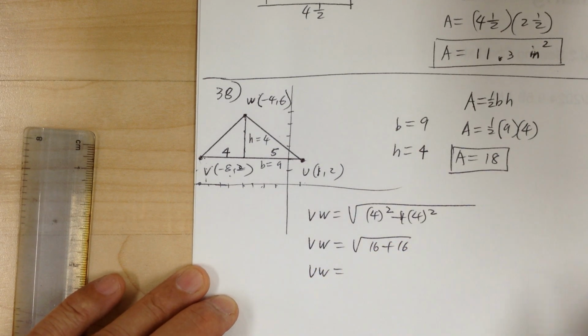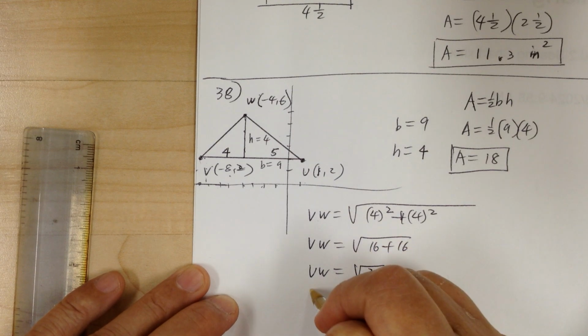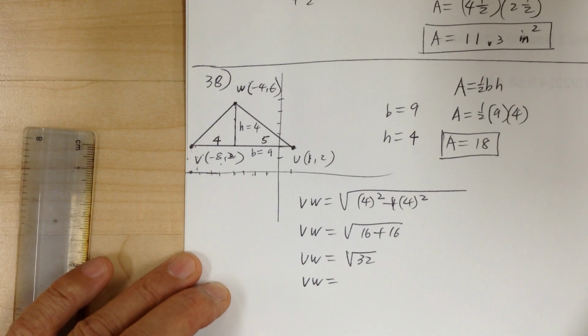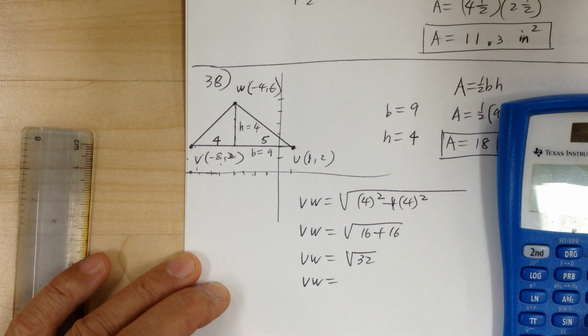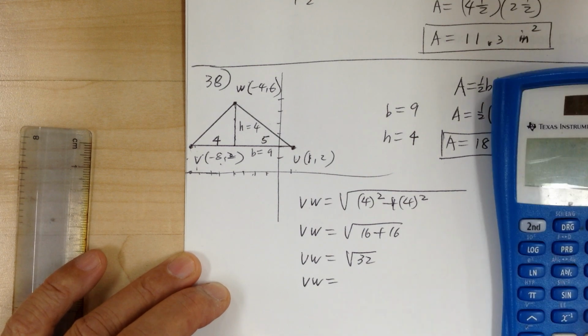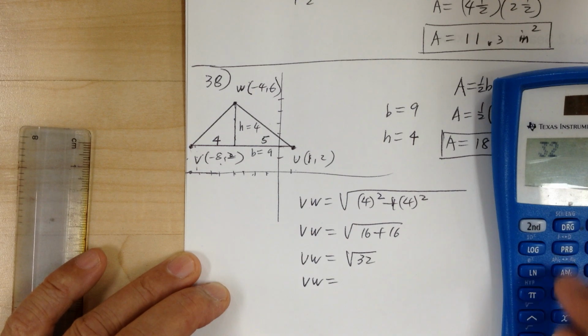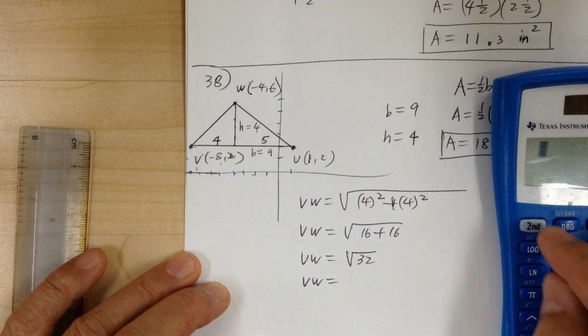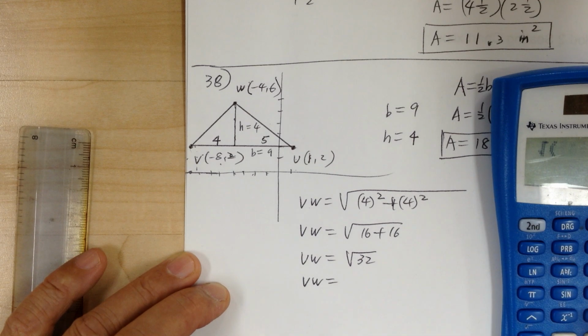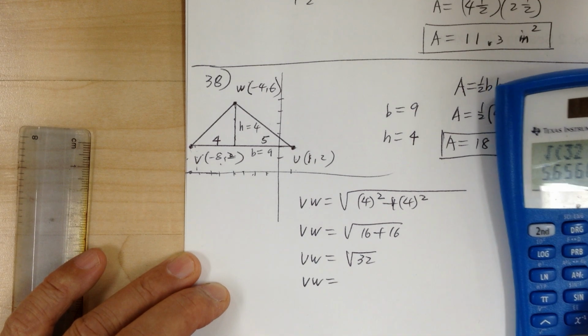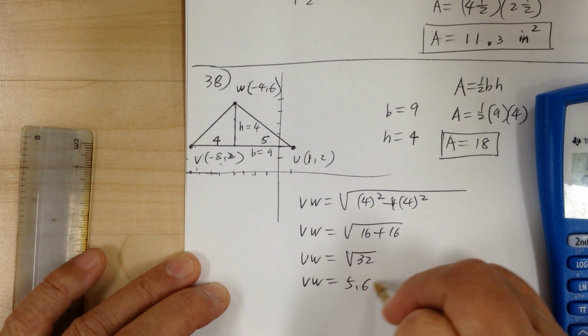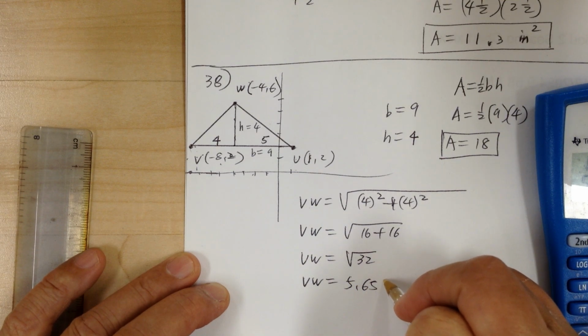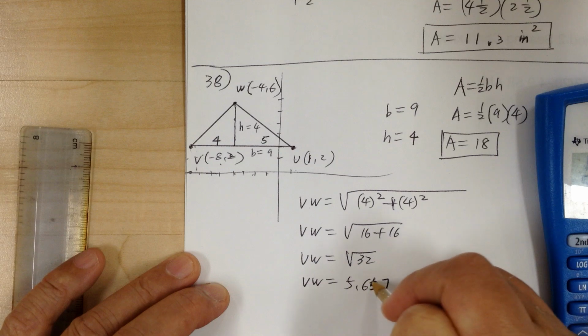VW equals the square root of 32. VW equals, so the calculator, 5.657. Notice I carry extra digits.